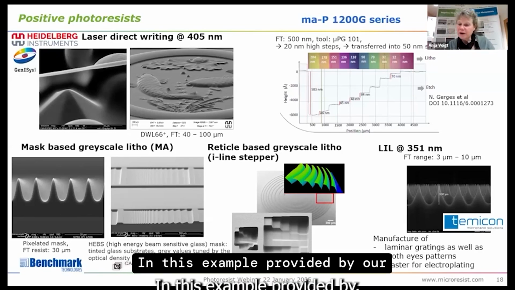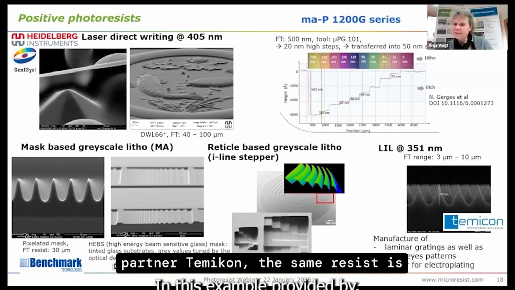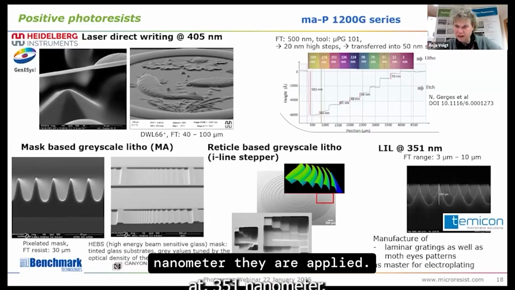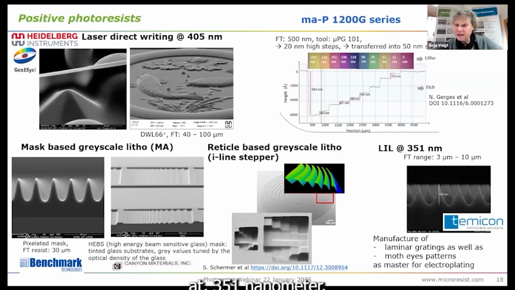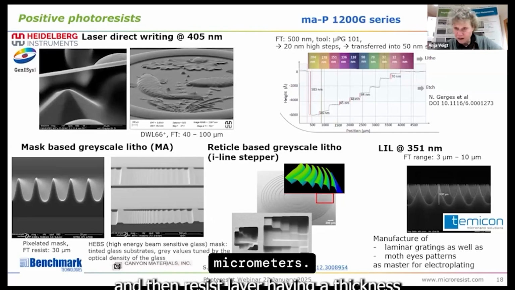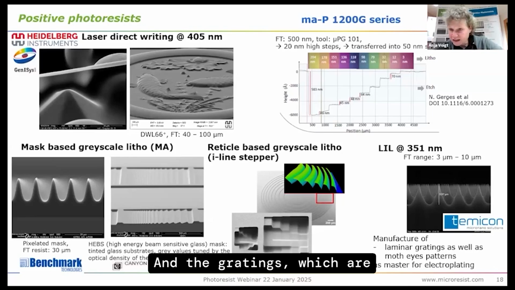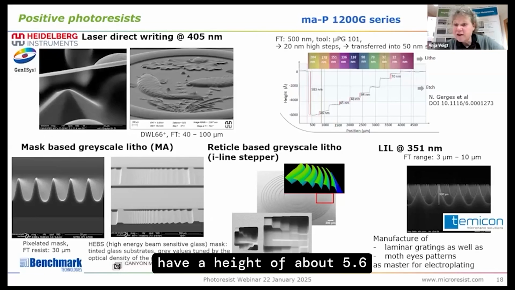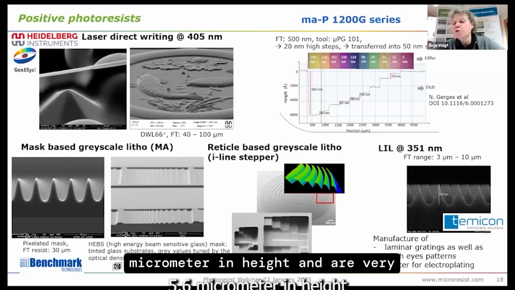In this example provided by our partner Temicon, the same resist is used and laser interference at 351 nanometer is applied in a resist layer having a thickness of about 3 to 10 micrometers. The pyramid gratings which are obtained have a height of about 5.6 micrometer and are very regular.